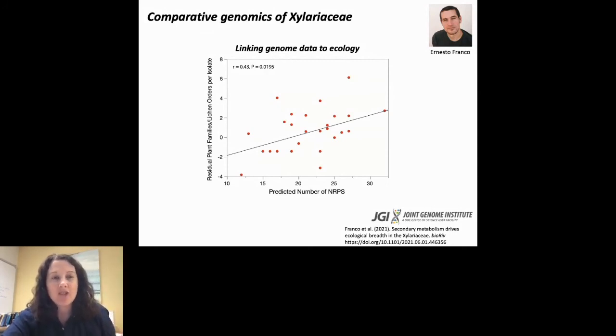Endophyte genomes with more NRPSs associate with a greater phylogenetic diversity of plants and lichens. Although secondary metabolite gene clusters are often known to be involved in pathogenicity and competition, this association suggests that there may be a role of these secondary metabolites in facilitating symbiotic associations with really diverse plants and lichens.